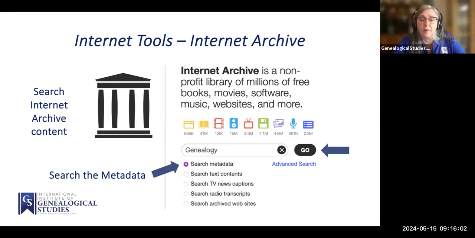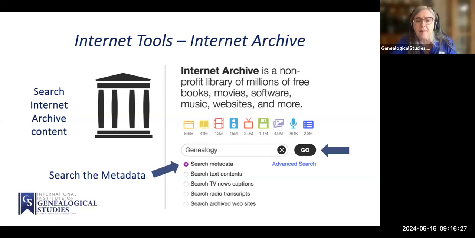And so just the little icons at the top quickly. The first one is web pages. They have 866 billion web pages saved. They have 41 million books, ebooks, text, articles, newspapers, all things like that.